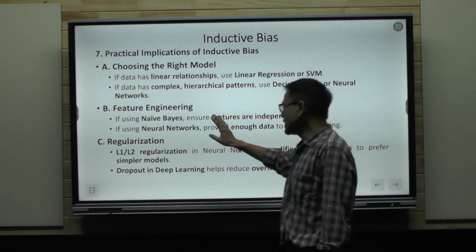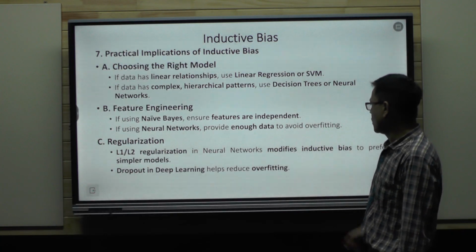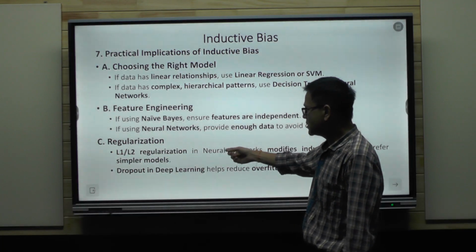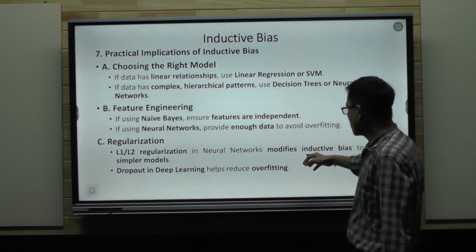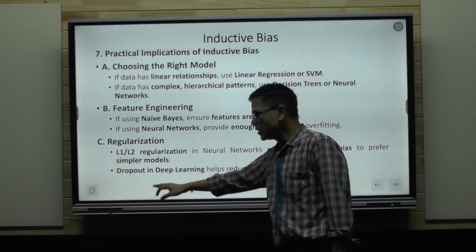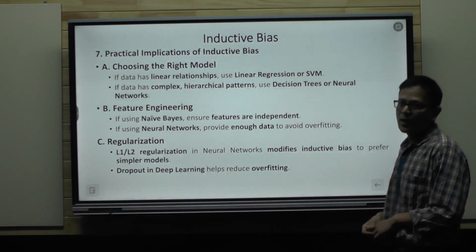If you are using a neural network, provide enough data to avoid overfitting. L1 and L2 regularization in a neural network model modifies the inductive bias to prefer simpler models. Dropout in deep learning helps reduce overfitting.